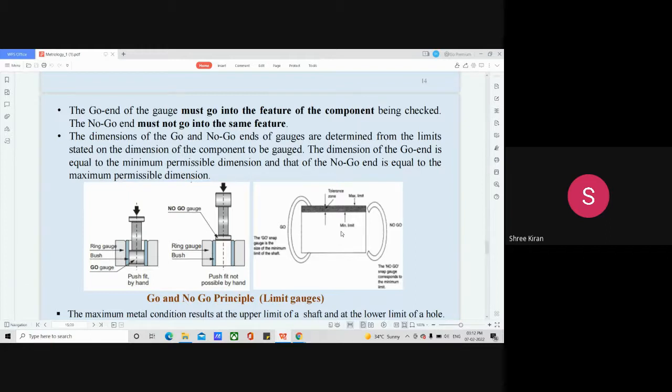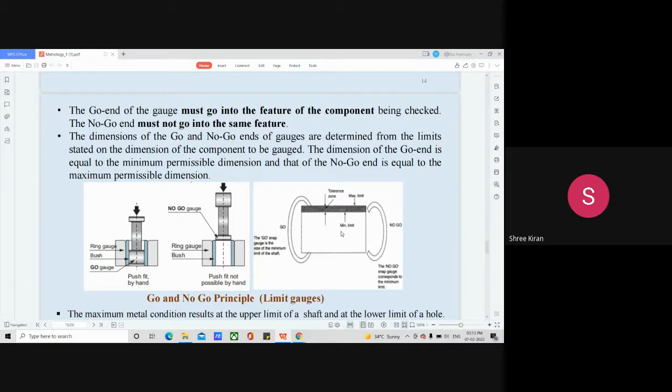The dimension of the go end is equal to the minimum permissible dimension, and that of the no-go end is equal to the maximum permissible dimension. So this is what happens in the case of go end and no-go end.